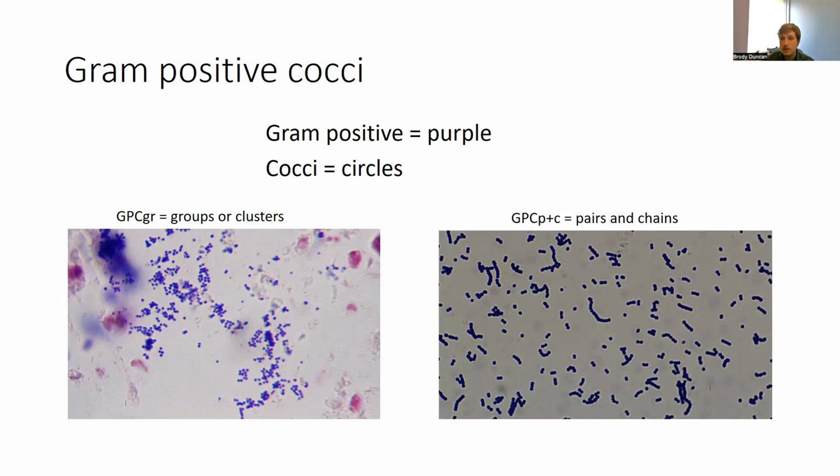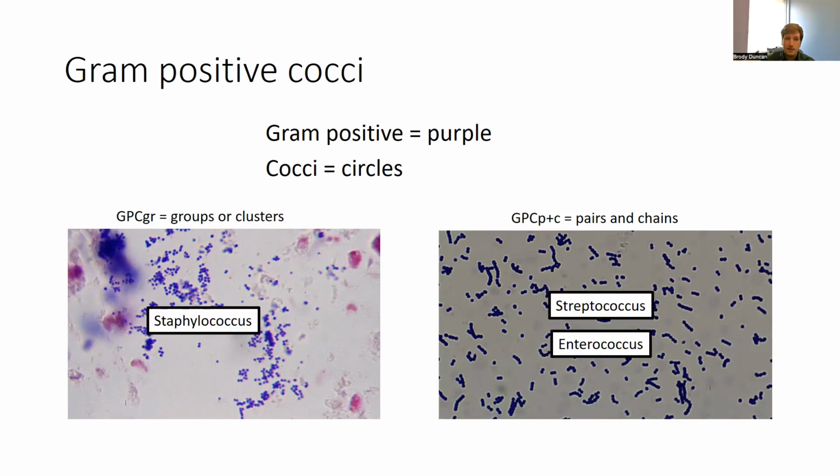The reason this is important is that the most medically important gram-positive cocci are easily separated by these gram stain characteristics. On the left, Staphylococcus are species that arrange in gram-positive cocci in groups. And on the right, Streptococcus and Enterococcus are gram-positive cocci that arrange themselves in pairs or chains. And they very reliably do this.